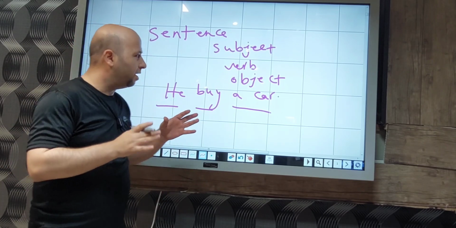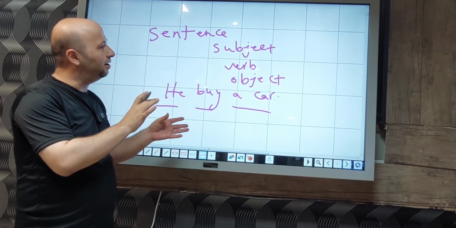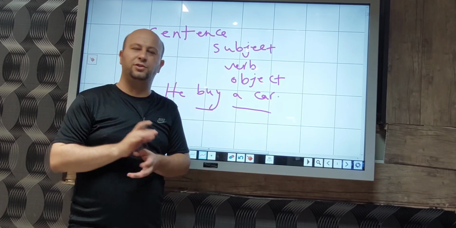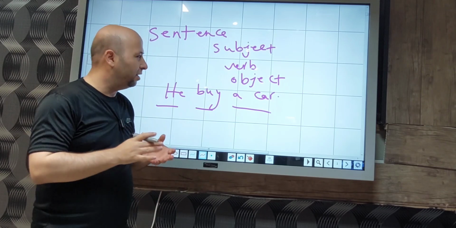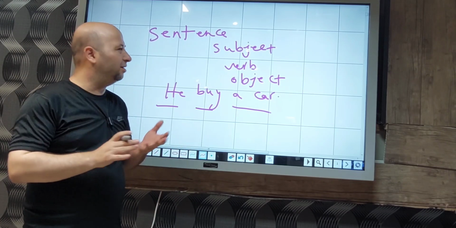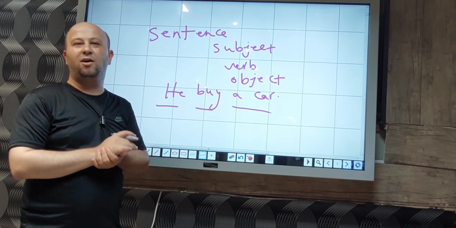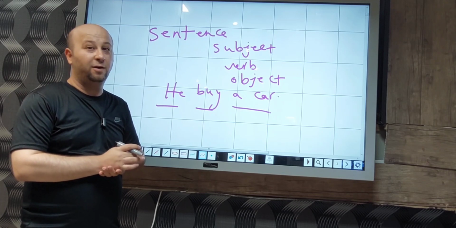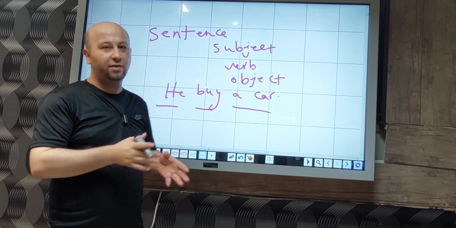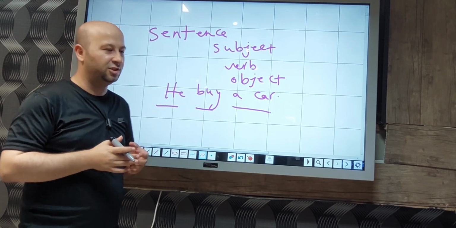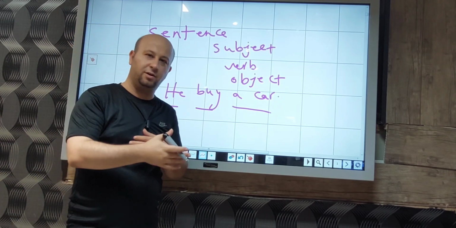If you just use all simple sentences in your speech or writing, you're going to sound like A2, B1, and the chance of you getting a high score will come down drastically. So if you know that the type of sentence you are using is just a simple sentence, you can avoid it, okay?